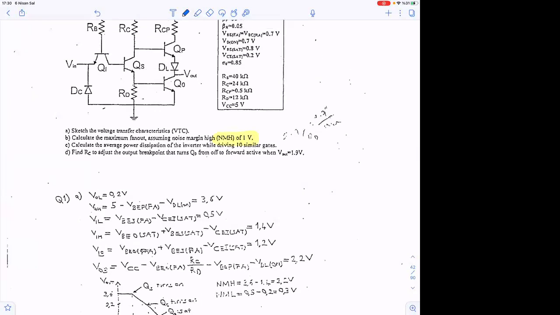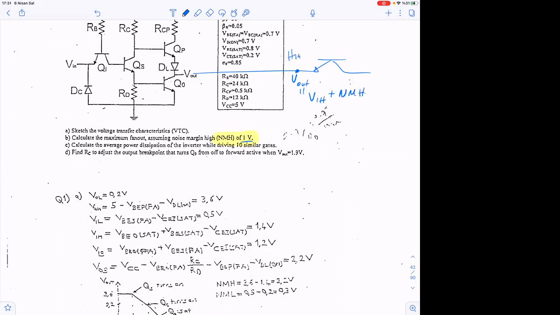So noise margin high is 1 volt, meaning this is driving another similar gate. So what is this V out? You need to solve this for this V out value. And this V out value is going to be V input high plus noise margin high.